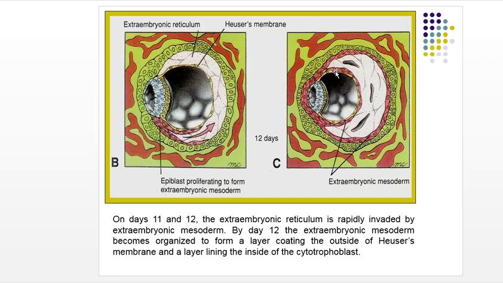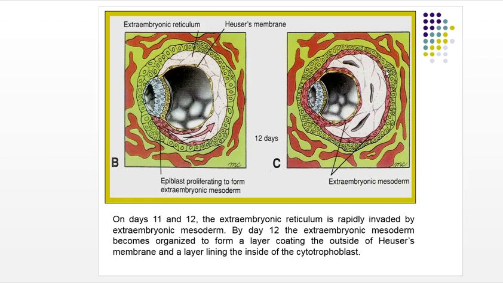The layer that covers directly and is situated over the yolk sac is named the splanchnic layer, and the layer that covers the inner surface of the cytotrophoblast is the somatic layer. This is the cytotrophoblast, and these red cells are the somatic layer of extra-embryonic mesoderm.